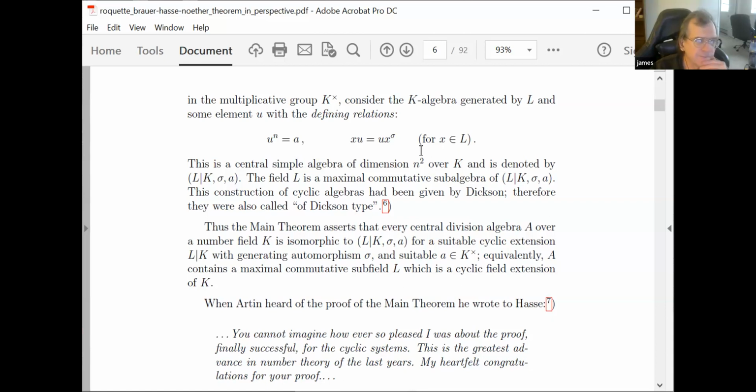So you get an n tuple of vectors of size n, so it has n squared. Yeah, there's something suggestive about that, but I'm not sure I really see it yet. But go ahead. So anyway, you get central simple algebras that way, and these are called cyclic algebras.